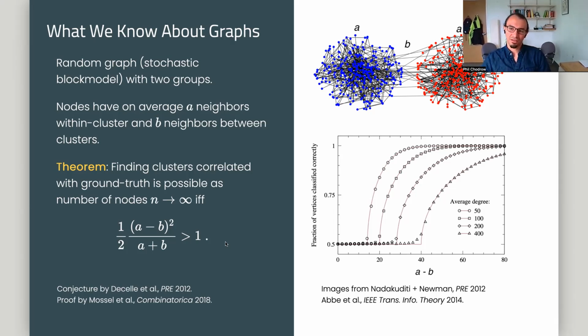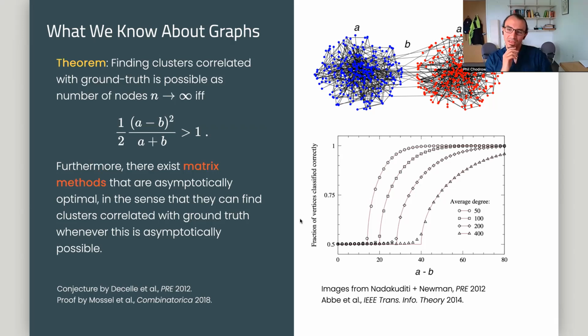So one of the starting insights from this work that inspired the story I'm going to tell you today is that it's not just that we have this abstract possibility of finding these clusters when this ratio is large. This ratio was initially conjectured, and since there have been proofs around this, the way we figured out this story was through the lens of matrix methods.